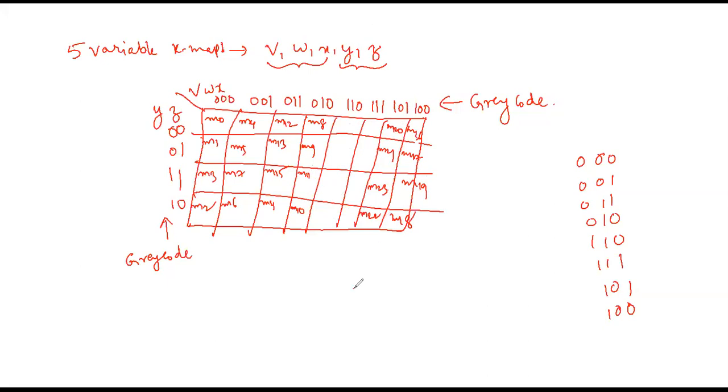Okay, I want to find out whether M23 and M7 are adjacent or not. I want to know whether these two cells are adjacent or not.